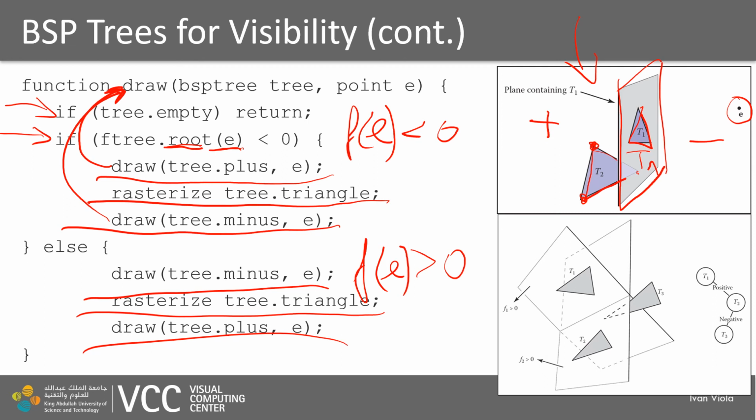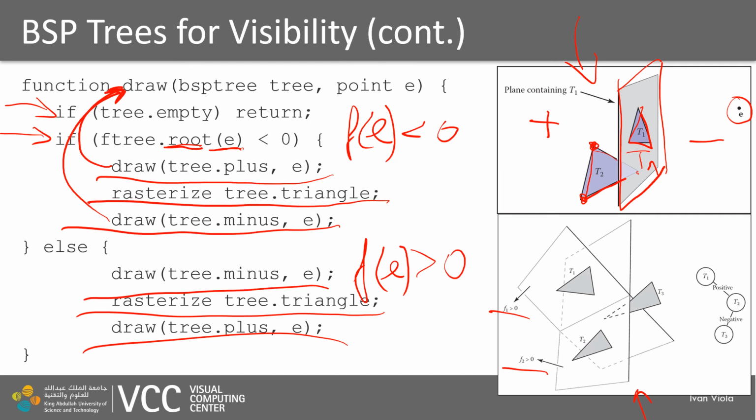Let's have a look at this scenario. How does such a space partitioning look like? Well, here we have two triangles which are partitioning our space, and two functions, f1 and f2, which are the implicit formulas or functions for the planes defined by our partitioning triangles, T1 and T2.